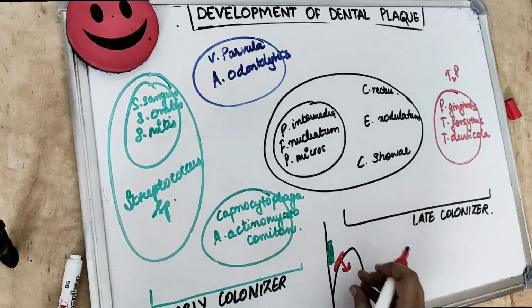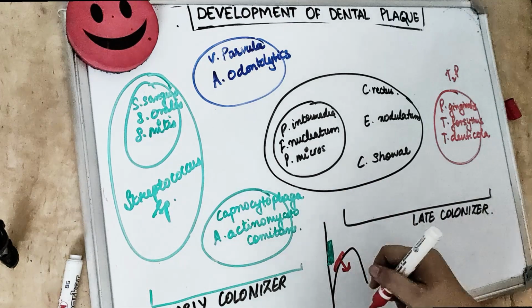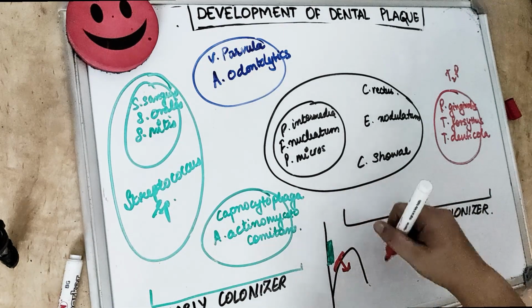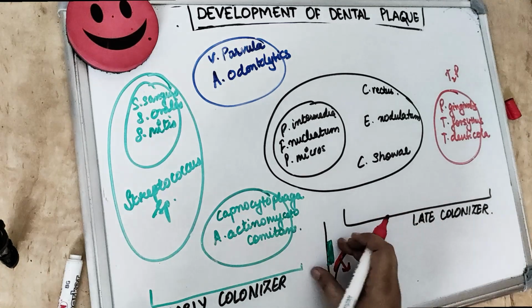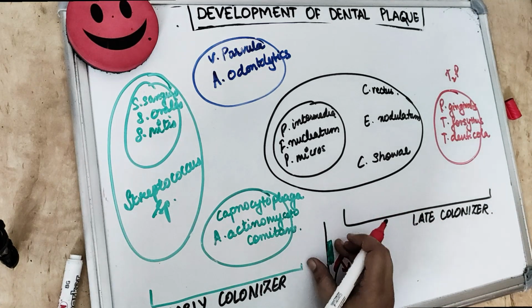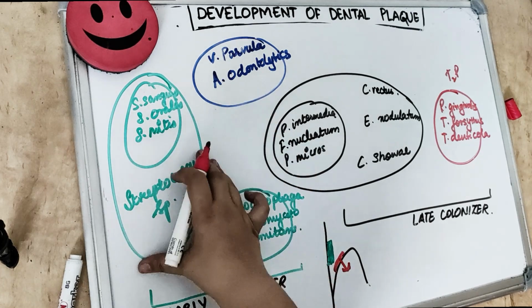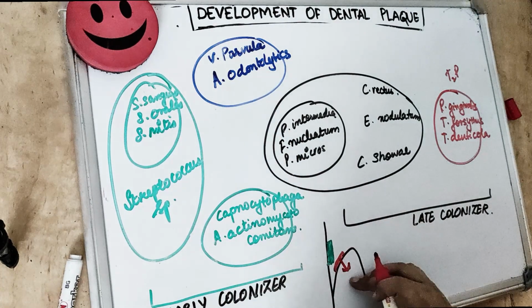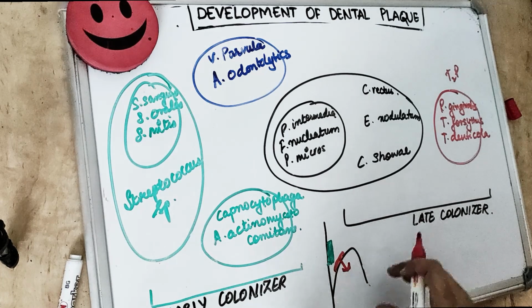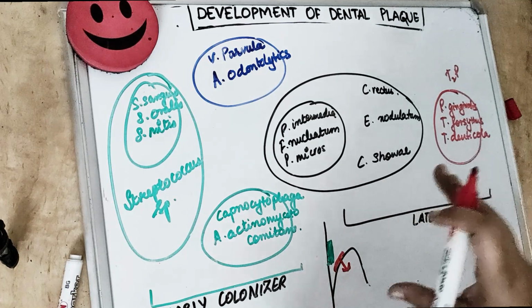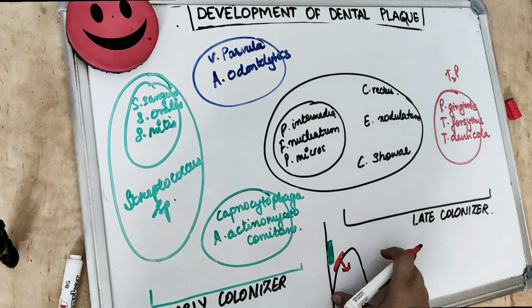Because these are anaerobic, they go inside the tissues also. All the oxygen is utilized by the gram-positive aerobic bacteria, so there is no oxygen left inside the epithelial tissues where the anaerobic bacteria come and sit.